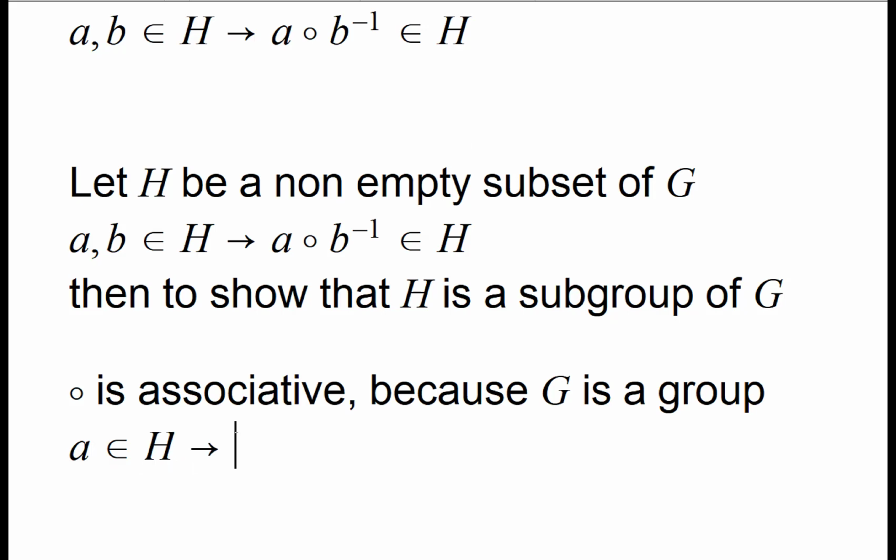If A is in H, then we have A A inverse also in H, and remember we are getting this from the bigger statement: if A is there and B inverse is there, then A B inverse is in H. And who is A A inverse?